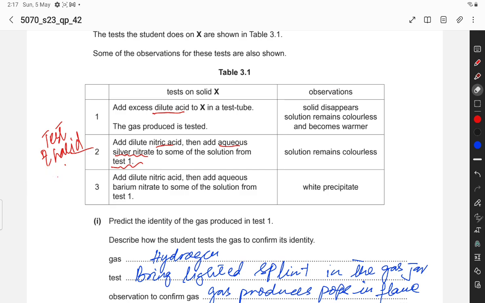Chloride ions, bromide ions or iodide ions can be present if we proceed with this test. So the solution remains colorless, which means halide ions are absent.